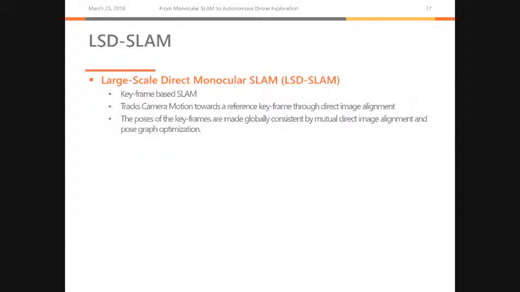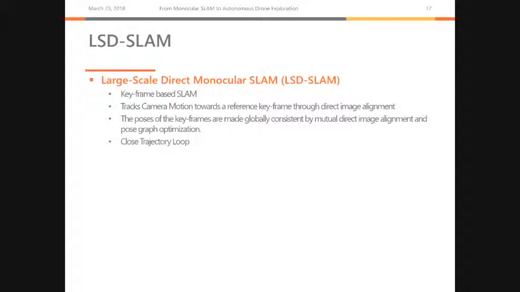They use graph optimization and mutual direct image alignment to have globally consistent positions for the keyframes.